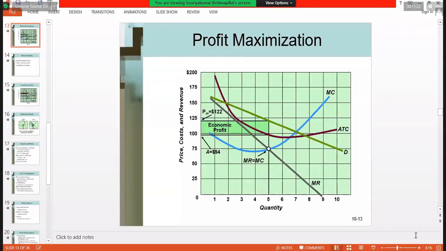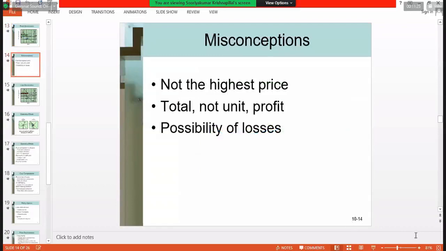Then we will see some misconceptions about monopoly. People, politicians, if they don't know economic principles, they will talk like that. The misconception is that the monopoly can charge a very high price, the highest price.